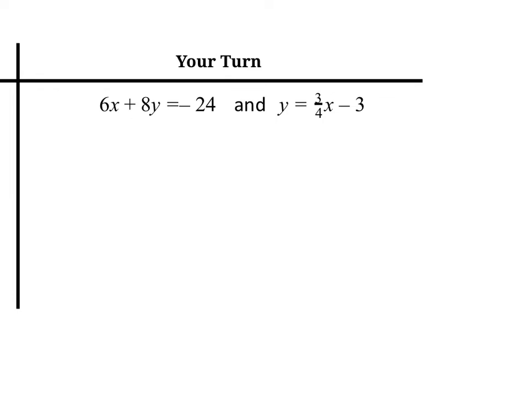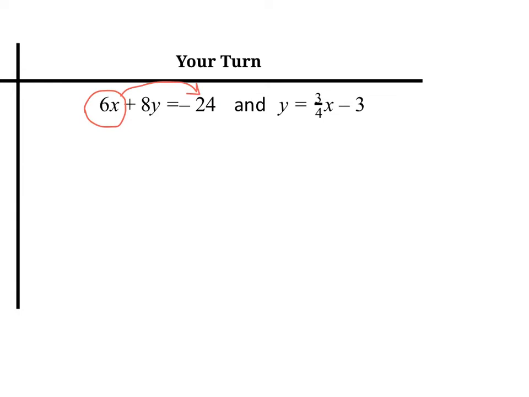So if I check the format of my equations, the second equation is in the correct slope-intercept format. It's in y equals mx plus b format. The first equation, however, is not. So it does need to be rearranged. In order to get it in the right order, I'm going to take this 6x and bring it over to the right-hand side.